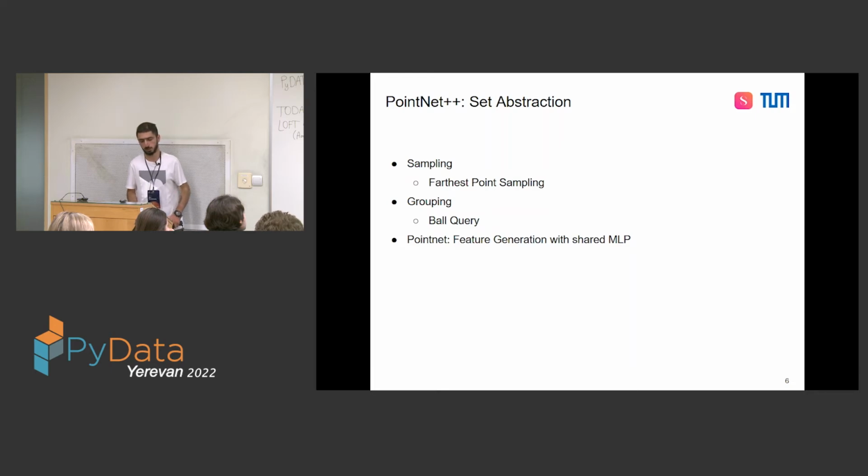And then it's followed by grouping, which is a simple ball query, and groups the points that fall in a ball around some chosen points. And then we feed it to the PointNet, which is the shared MLP, and which generates the output features from some input features of these point clouds.